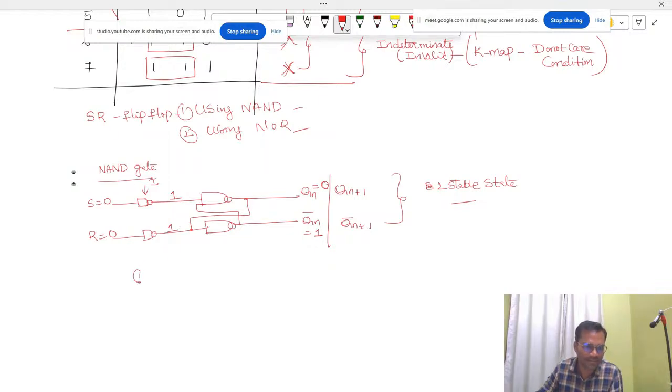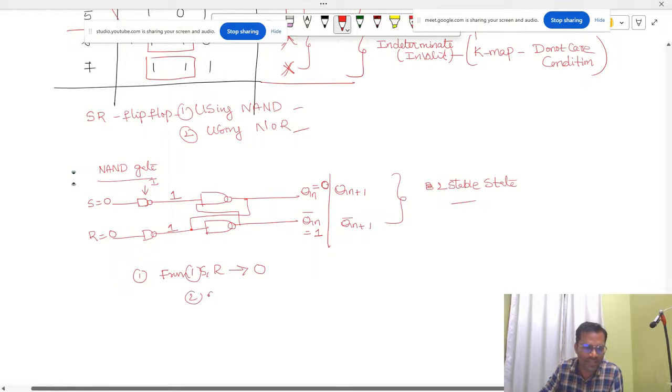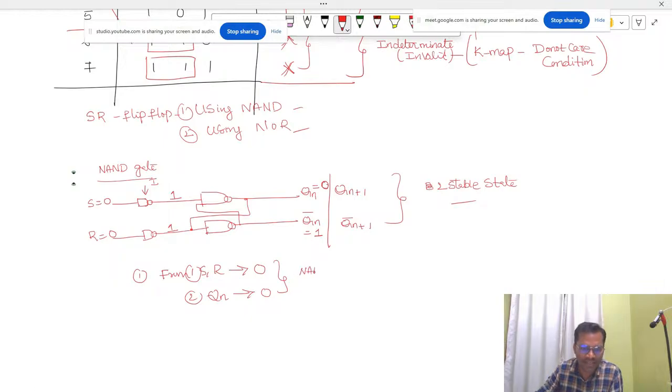If you get 0 directly from S or R, consider that first. The second possibility is if you get 0 from the Qn states, then consider the NAND gate which has 0 as the input. Do you have any 0 input here? The inputs here are 1 and 1, so we cannot solve this yet.